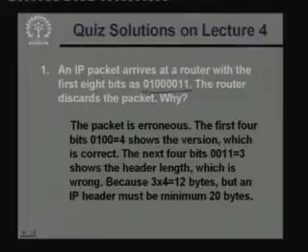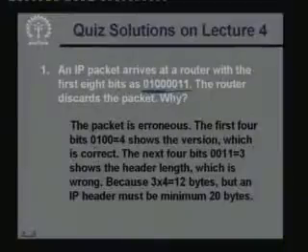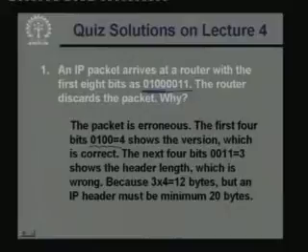Recall that the first field in an IP packet is the IP version, the first 4 bits, and the next 4 bits will represent the header length. So, in this example the first 4 bits 0100 will actually indicate the version, which is version 4, and that is correct. The last 4 bits 0011 indicate the number 3. Now, 3 means this is the header length.